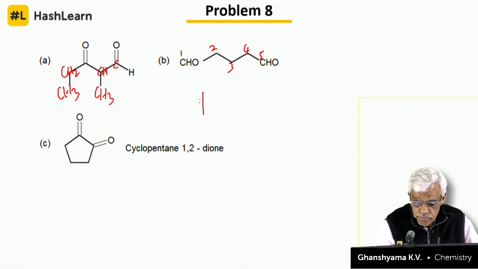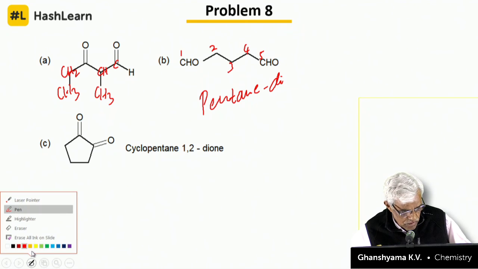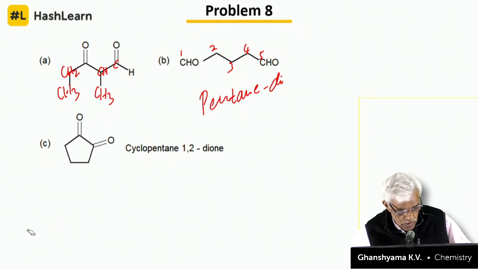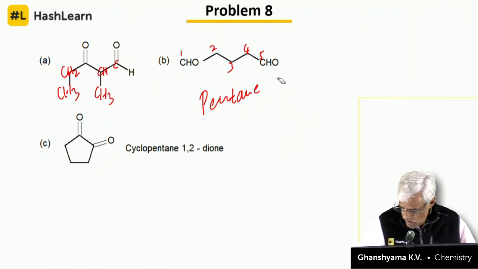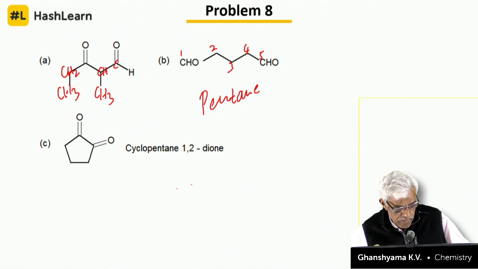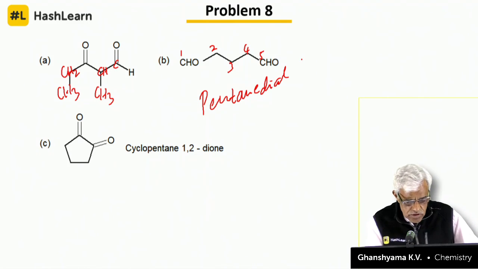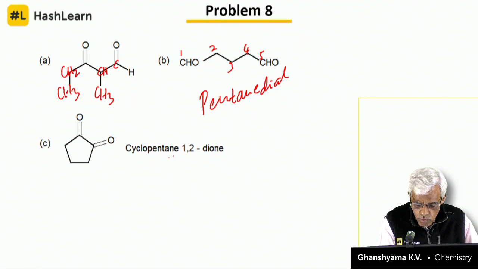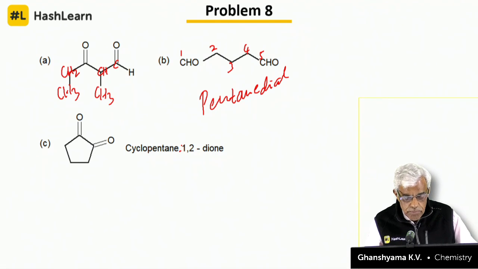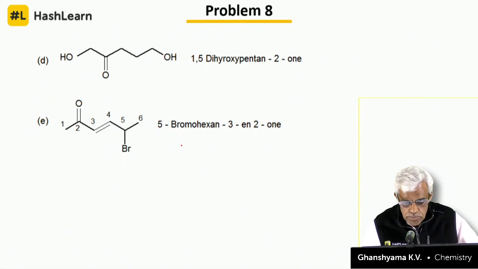Therefore, it should be pentane dial. Sorry, it should be pentane dial. Pentane dial. The name of this compound is cyclopentane 1,2-dione.